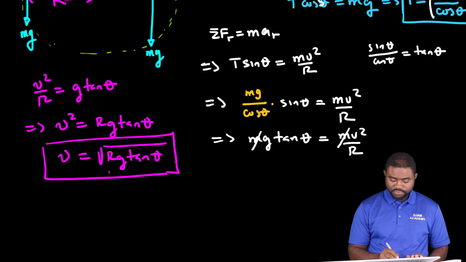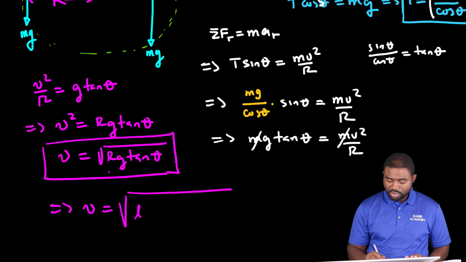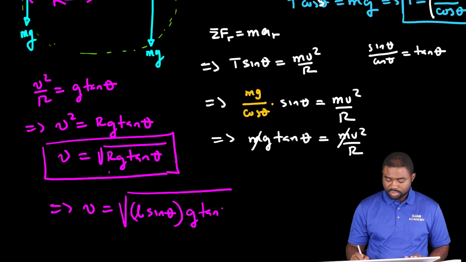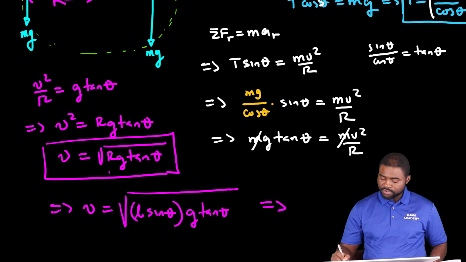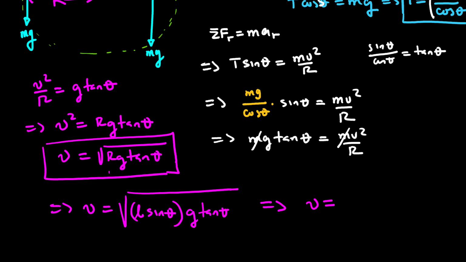And if that is the case, v will become the square root of L sine theta multiplied by g tangent of theta, which in turn implies that v is equal to the square root of L g sine theta tan theta.